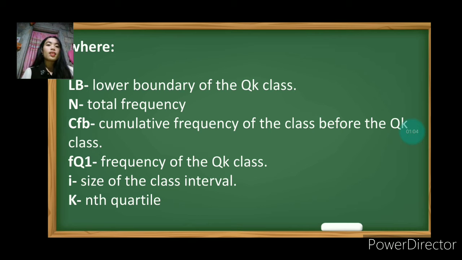The n is the total frequency. The CF sub b is the cumulative frequency of the class before the Q sub k class. F sub Q sub k is the frequency of our Q sub k class. And i is the size of the class interval. And the last one is k, the nth quartile.